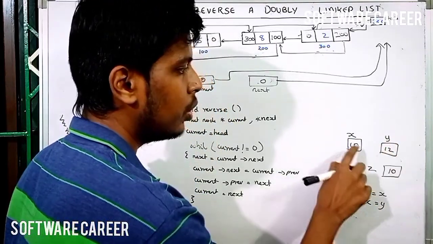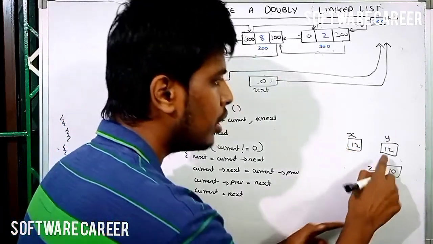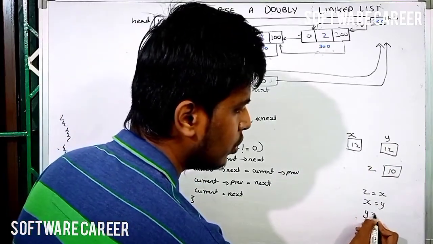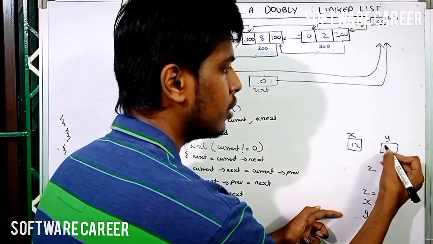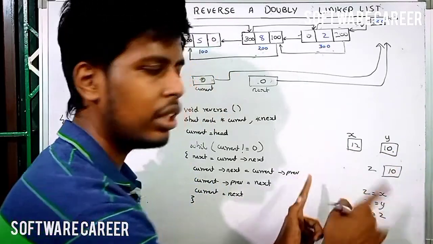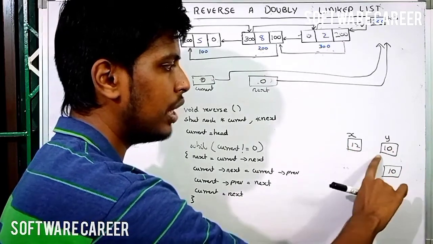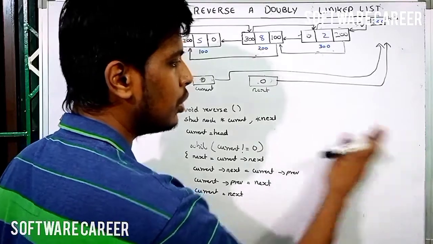Now y is 12. 12 I am putting over this x. And now in y you should put the z value. So see here, y equals to z. Now z is 10. 10 I am putting over here. Now see, 12 and 10 got swapped. This is how you should swap two variables. You should take a third variable. So see here. Now you can do this method.